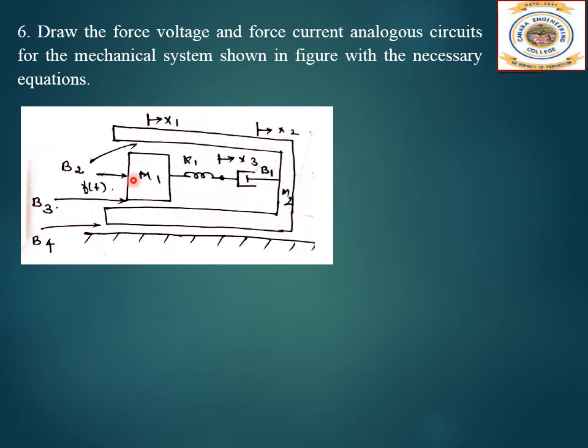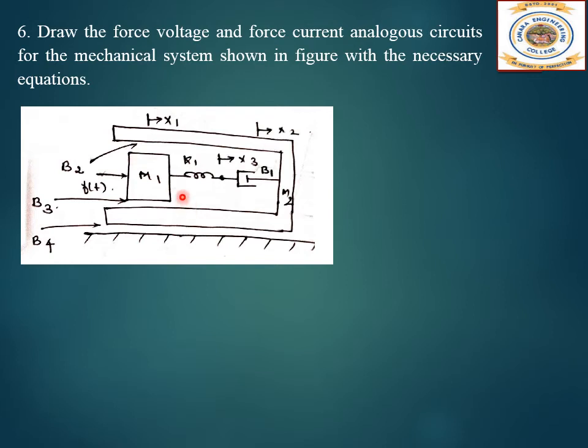Now to x1, let us see what all are connected. M1 is connected to x1 and we have f of t also connected to x1. Then we have B3 in between M1 and M2, so it will come between x1 and x2. B2 is also between M1 and M2, so it will also come between x1 and x2.